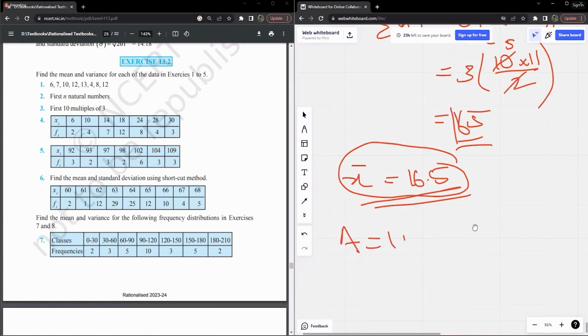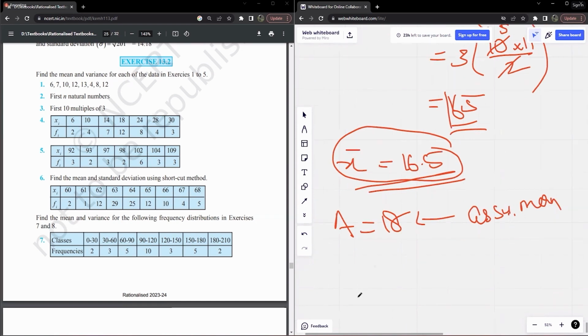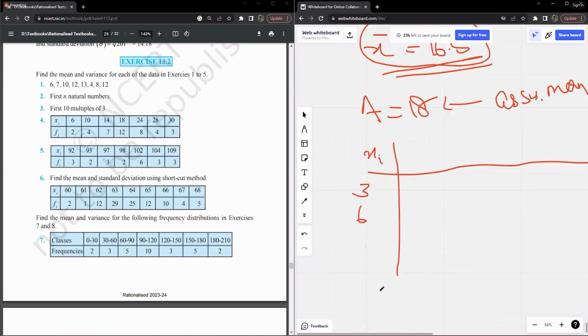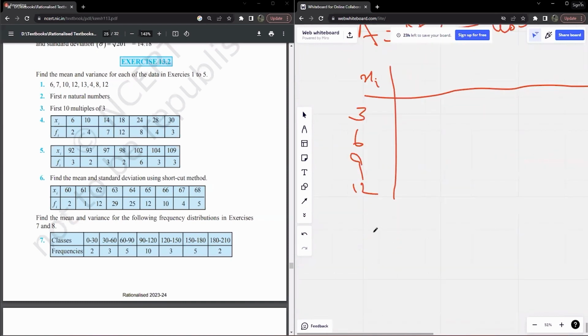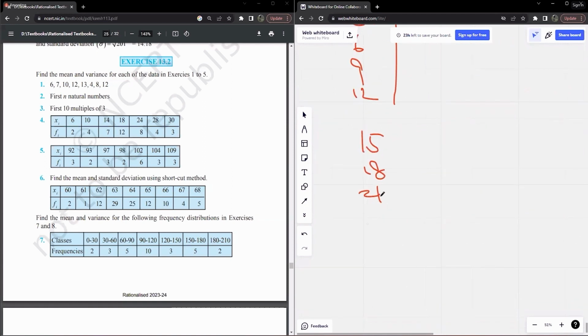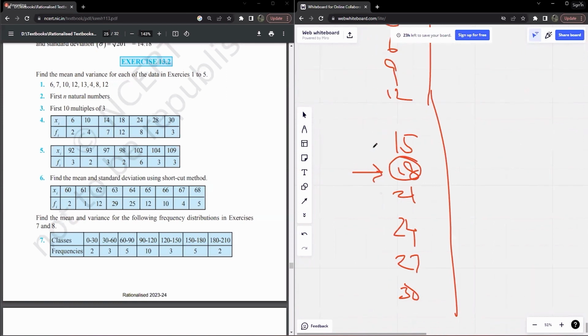A equals 18 is the assumed mean. So I'll just run the exercise. I'll have 3, 6, 9, 12, 15, 18, 21, then 24, 27. This is the assumed mean A.